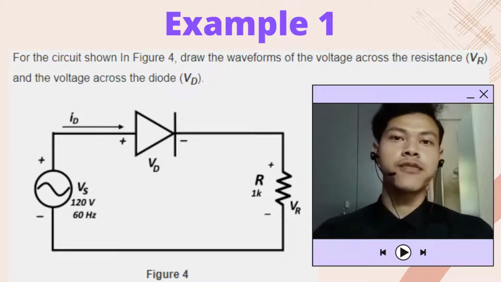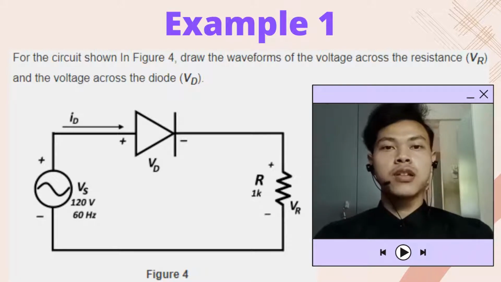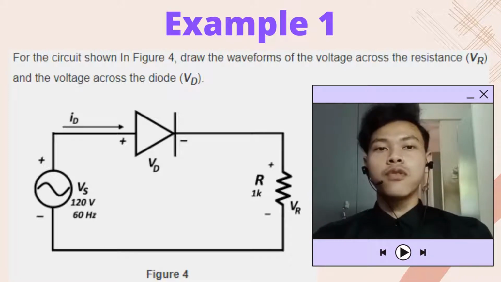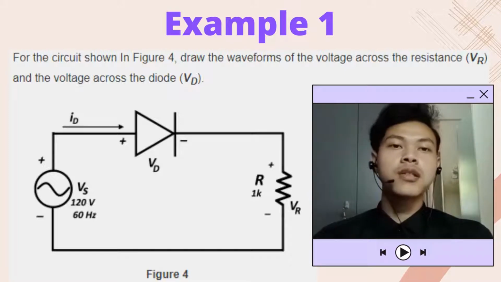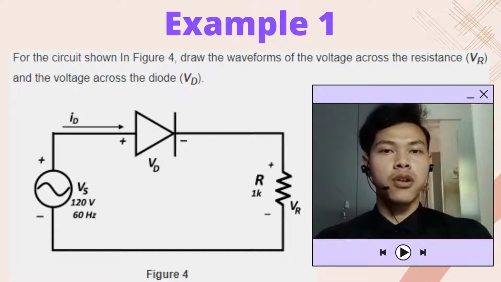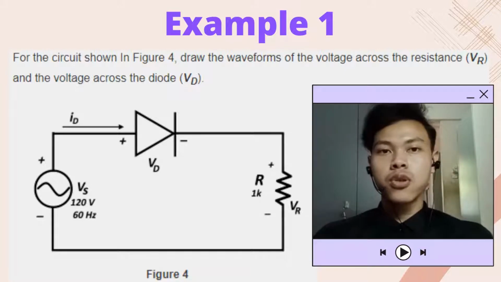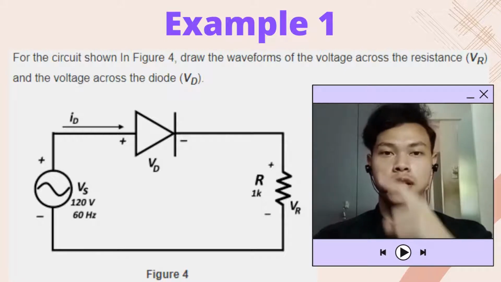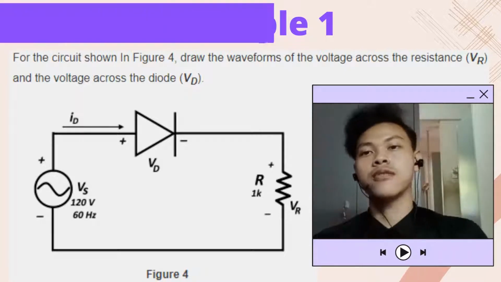Okay, let's see the question first. For the circuit shown in Figure 4, draw the waveforms of the voltage across the resistance VR and the voltage across the diode VD. So the question wants us to draw the waveform of the voltage across the resistance and diode.